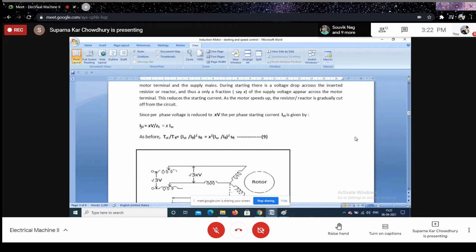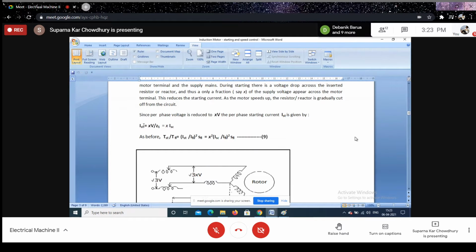So here, a part of the voltage is dropped across the reactor. Say a part XV is appearing here. If V is the per phase voltage, then the line to line voltage is √3V. So what is appearing across the motor terminal is √3XV.